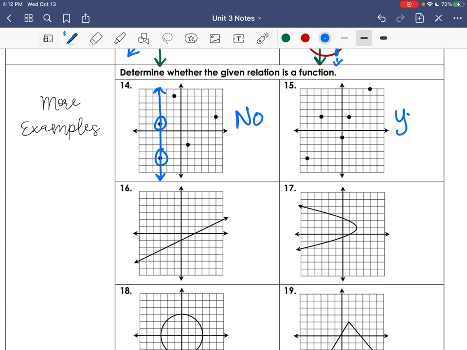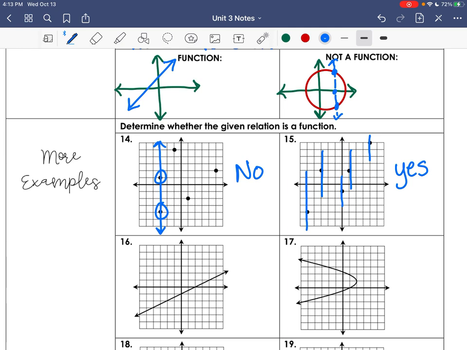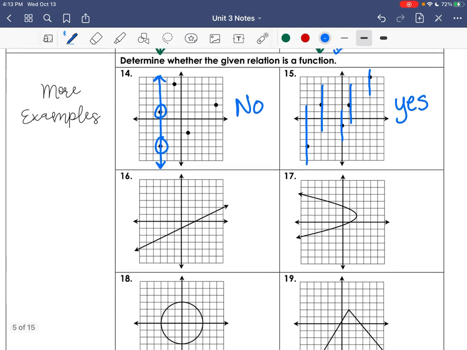This one is yes, because we can draw an individual line through every one of these points and it only touches 1 point at a time. So that one is a function. All right, well, this is basically like our little example up here. So 16 is yes, and we could draw tons of vertical lines through this. You're never going to touch but one place at a time. See, you're just touching 1 time.